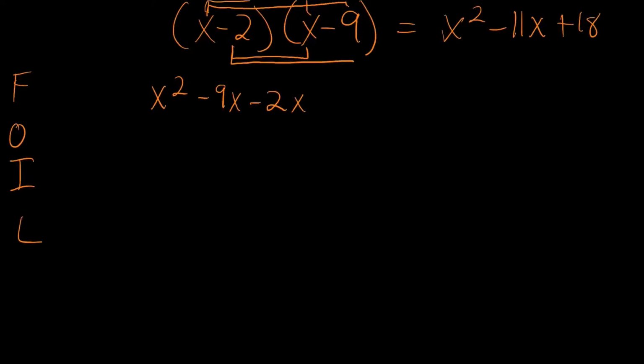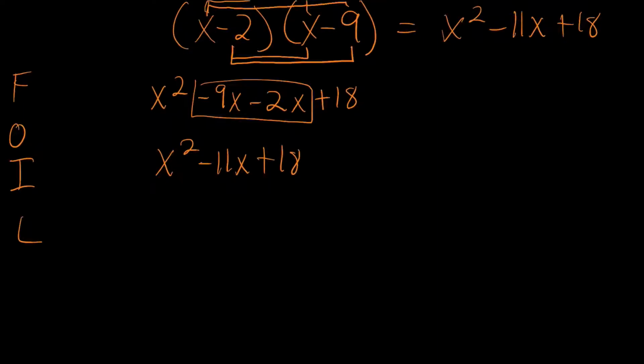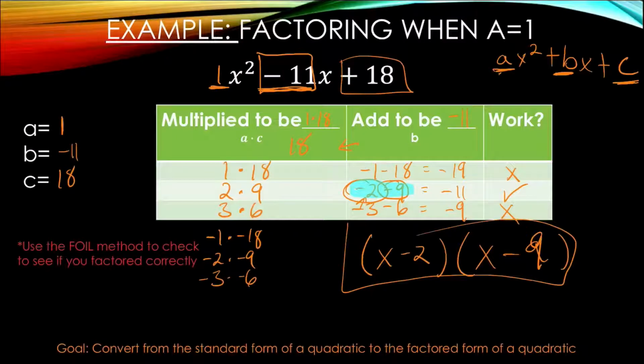And then my last, negative 2 times negative 9 is a positive 18. I'm going to combine my innermost here: x squared minus 11x plus 18. And it worked, right? Perfect. Notice that 9 and 2 came into play when I distributed that out.